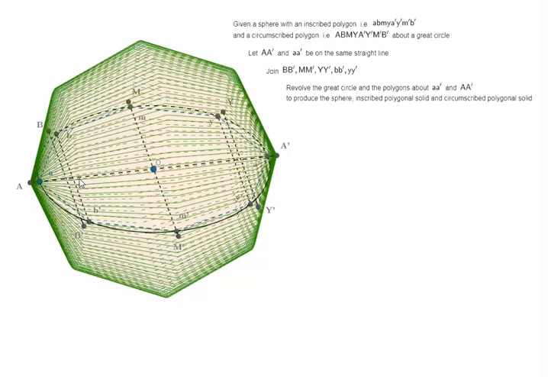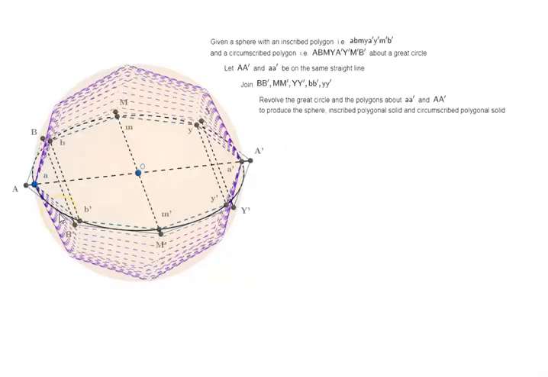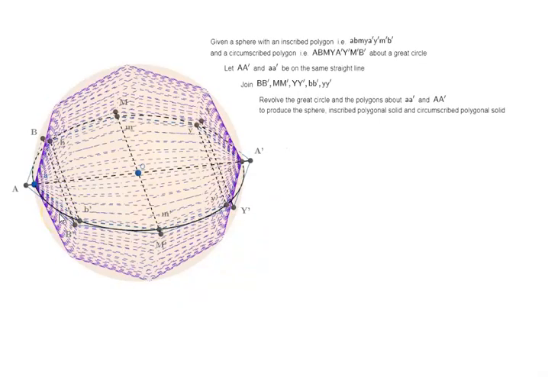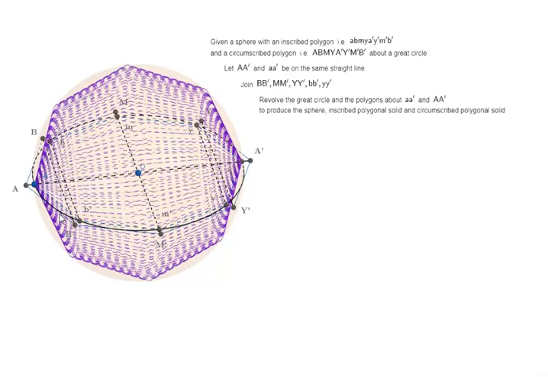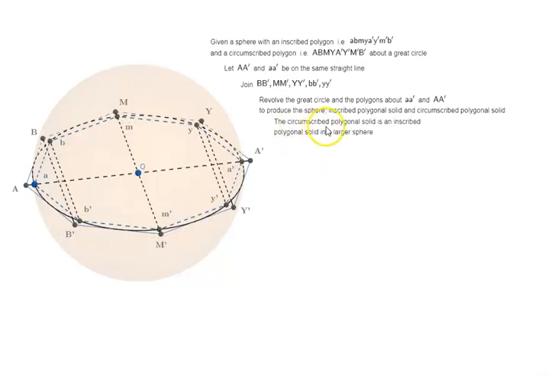Again, let's remove this. Now let's look at the inscribed polygonal solid. Now remember, the circumscribed polygonal solid is an inscribed polygonal solid in a larger sphere. So let me bring in that larger sphere.